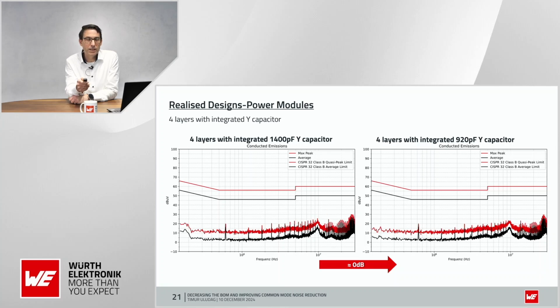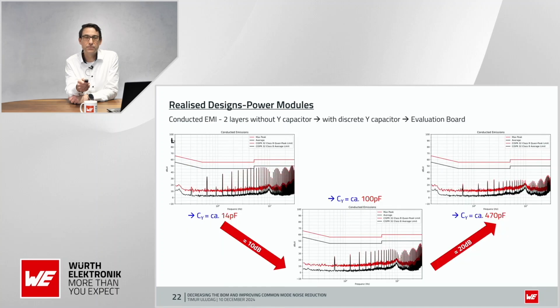If we now go to our evaluation board, you can see we started with nearly no capacitance. We have 14 picofarads, but not intentionally wanted. Then we take this design and add a 100 picofarad discrete version.